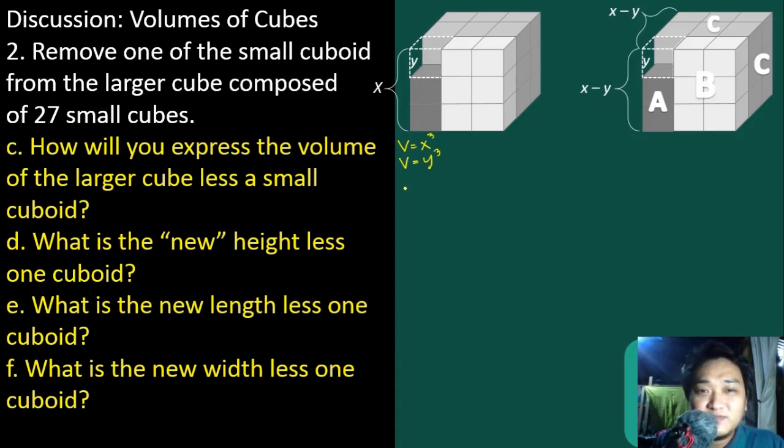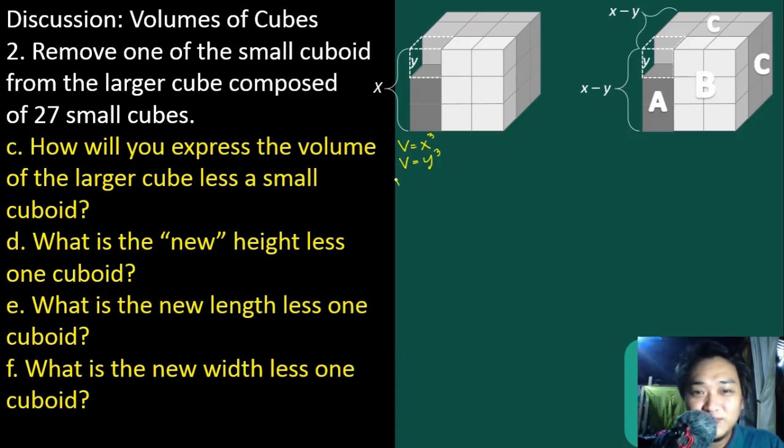Ngayon, let us try to answer letter C. All in all, 27 yan. Nabawasan ng isa, 26 na lang. So, letter C, how are we going to express the volume of the larger cube less a small cuboid? Paano natin ipapakita na yung malaki at kabuuang cube na bawasan ng maliit?